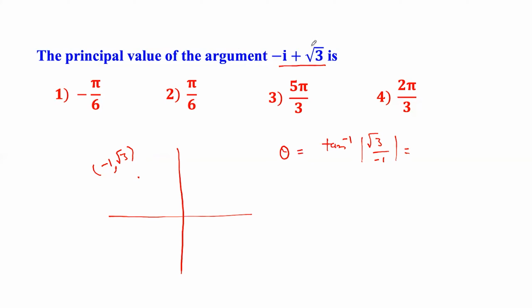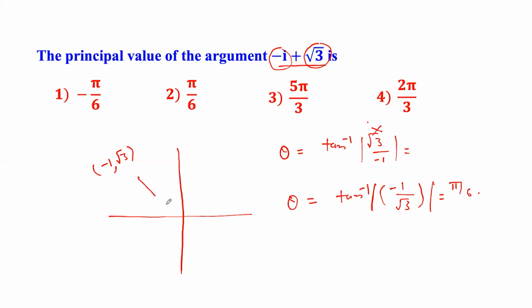The coefficient of the real part, where i is not there, is x, and the coefficient of i is y. Here x is root 3 and y is minus 1, so tan inverse of minus 1 by root 3 with modulus gives pi by 6 in magnitude.